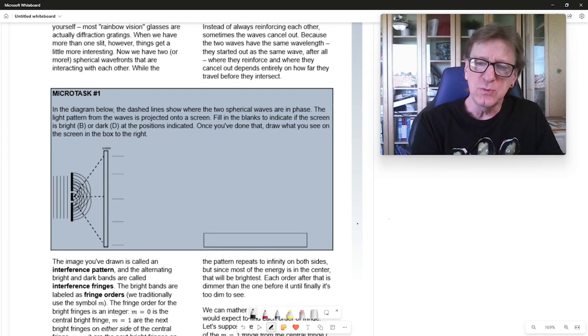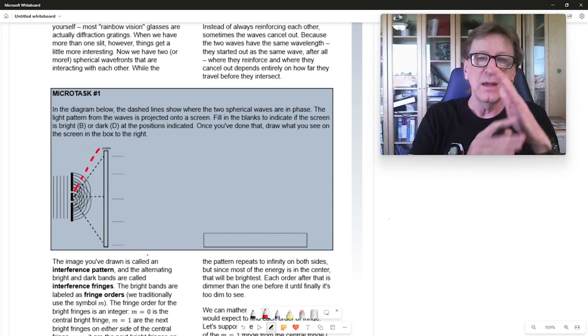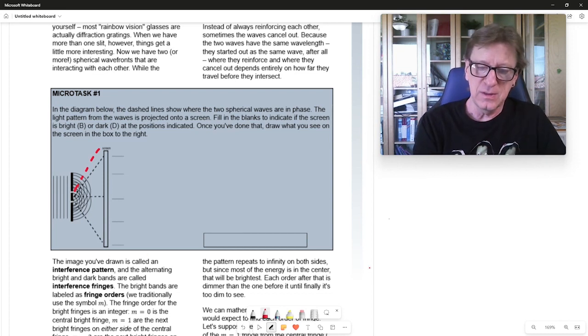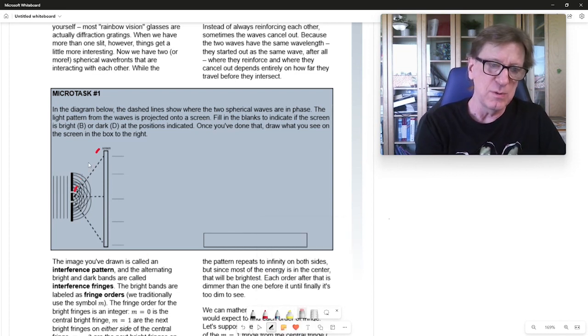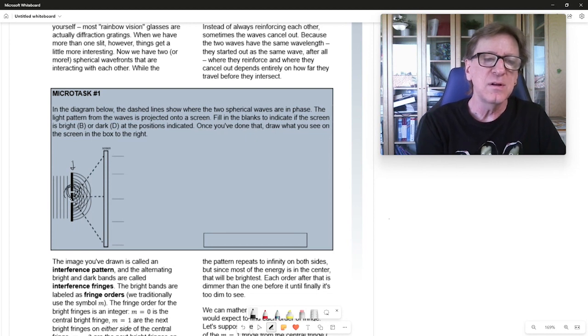So what we want you to do, each of these dashed lines that you see here, let's use a different color. Each of these dashed lines that you see here, I've drawn that to represent where the 2 spherical waves are going to be in phase. Now, let's make sure that we're all understanding what we mean by that. So this top wavefront is being produced by this aperture right here.